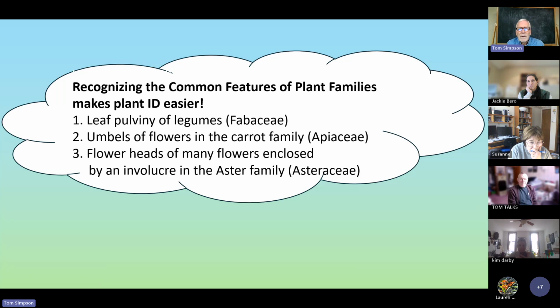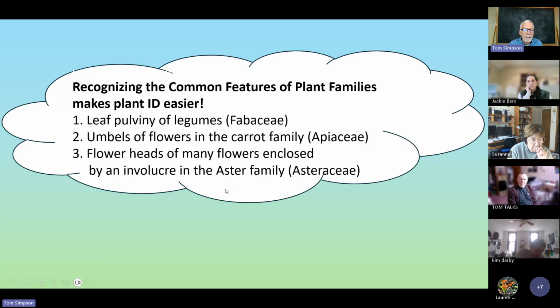So, there's a lot to plant families, and it makes plant ID both easier and, for me, more satisfying, because in identifying plants, I'm identifying them within a group and understanding their relationship to other plants around them and other plants that I've seen in other places.